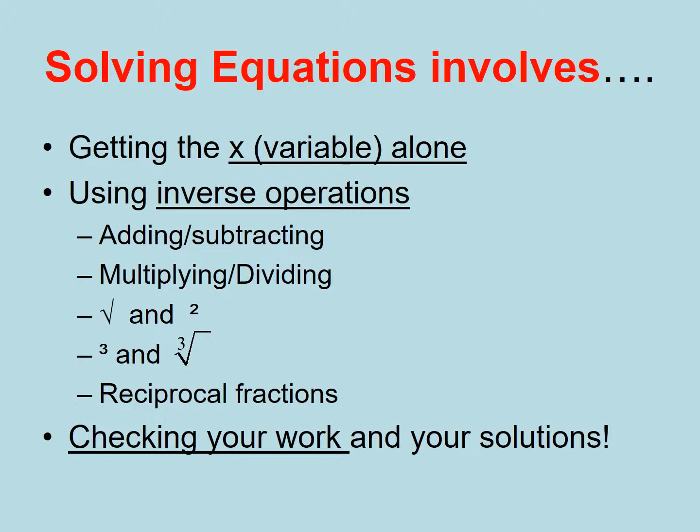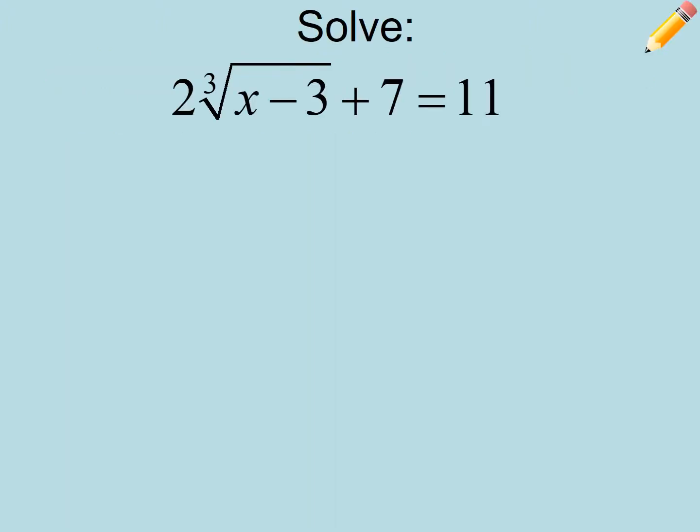And actually, in the next video, we'll talk about reciprocal fractions. And of course, when we're solving in Algebra 2, we always check our solutions so that we don't get extraneous solutions. So our last step is always going to be checking our solution to make sure it's not extraneous.